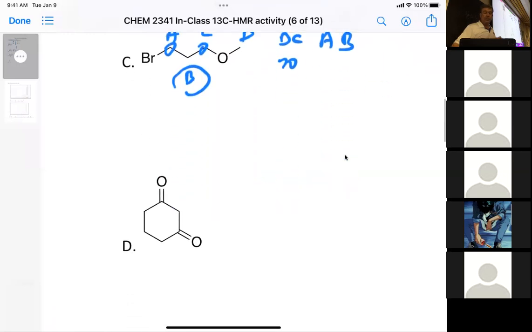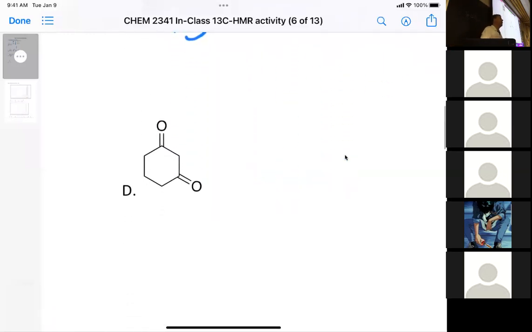All right, so let's do this last one. So we have 6 peaks, right? No, we have symmetry again, okay? So in this case, I think these two right here are going to be the same. Carbonyls, they're ketones, so they're probably going to be down next to 200, maybe a little above.